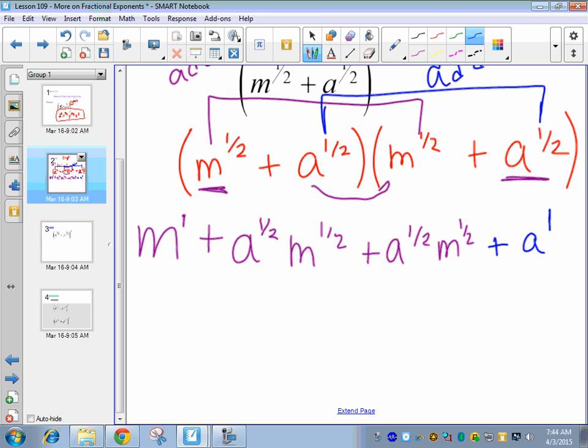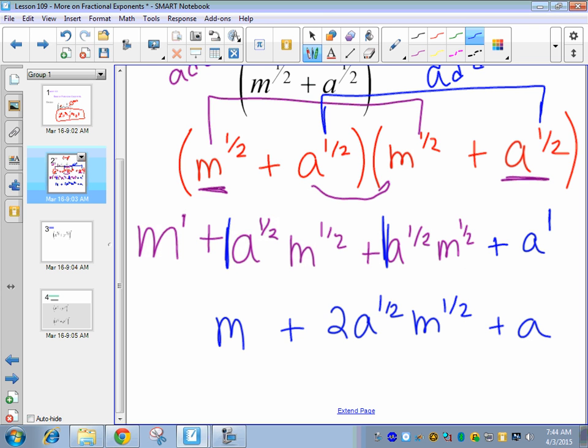And now the middle terms are alike. So I have one of them and one of them. So they add to 2 of them. So I get m here, and then plus 2a to the 1/2, m to the 1/2. The exponents don't change when you just add those together. And then plus a, and that would be my answer.